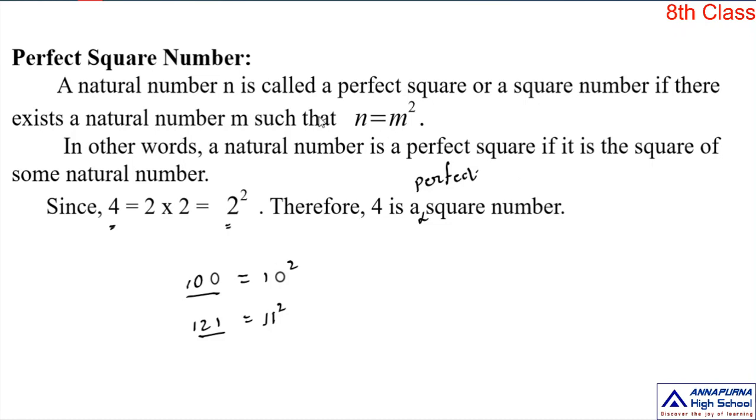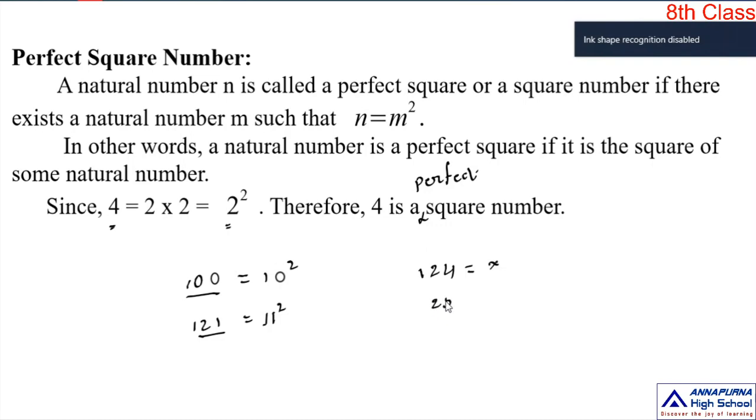A natural number n is called a perfect square or a square number if there exists a natural number m such that n is equal to m square. For example, if you take the number 124, can you express this 124 as a square of any natural number? No, it's not possible. So this 124 is not a perfect square number.